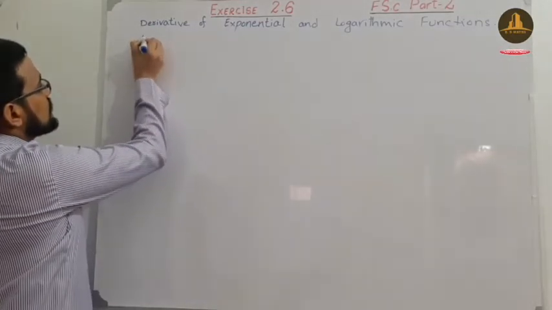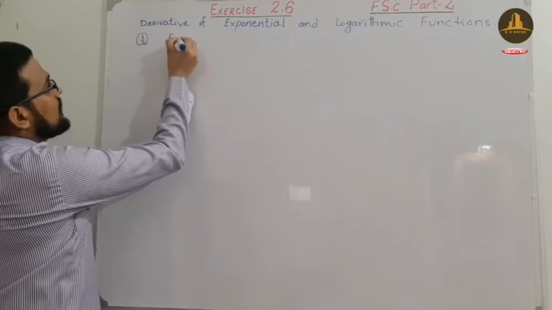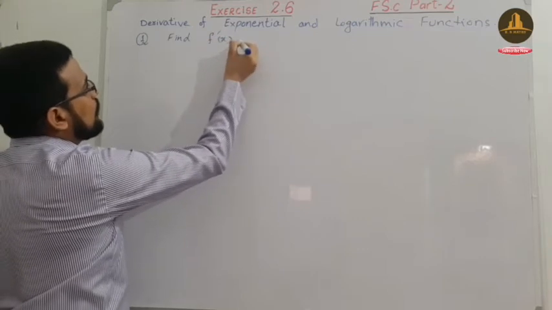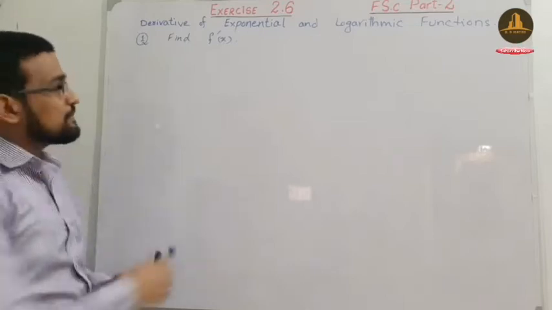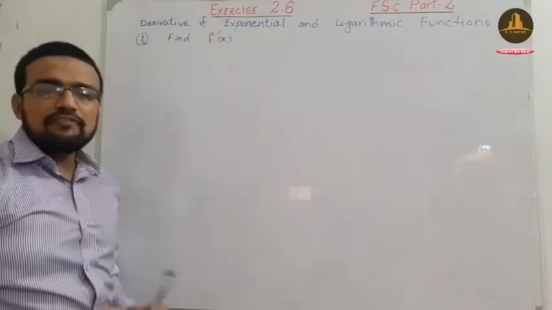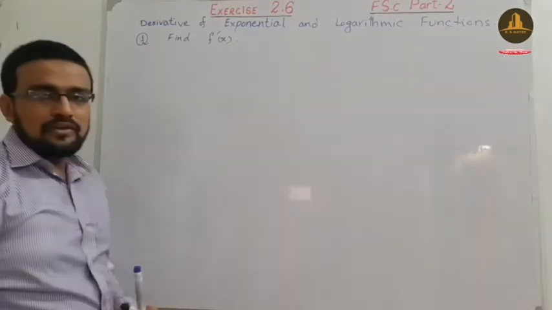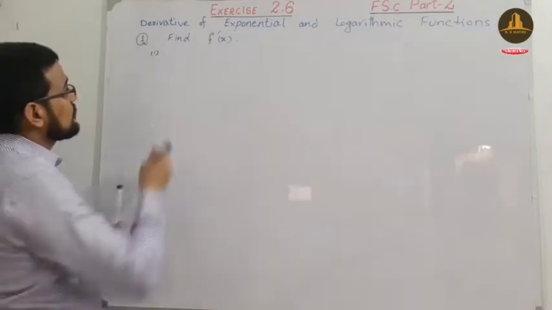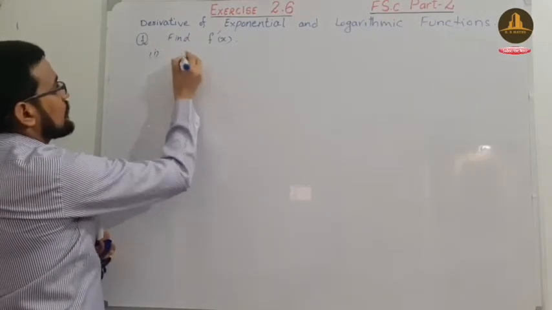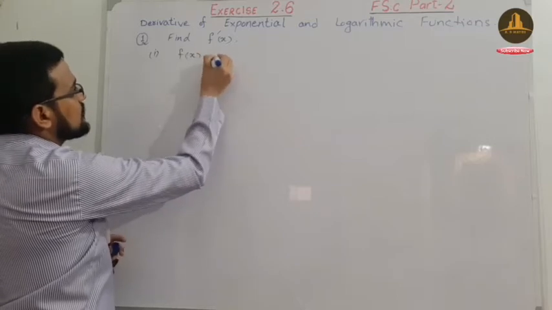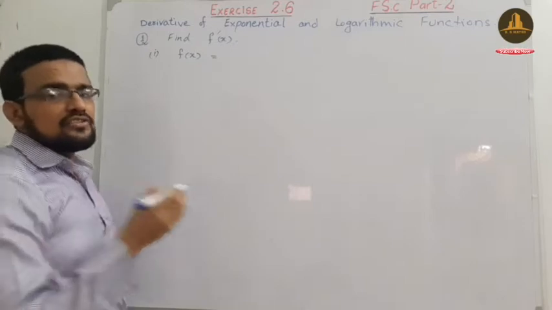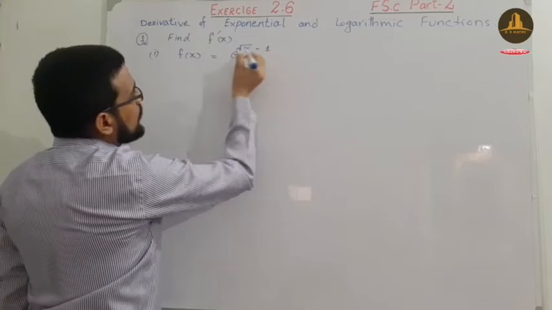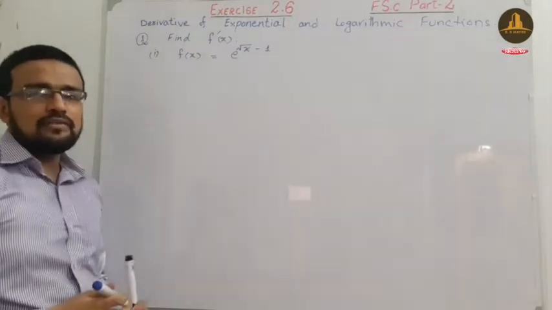Question number 1 is: find f prime of x. What is f prime? F prime is the derivative of f. F is a function, so find the derivative of the function. The first part is f of x is equal to e raised to power square root x minus 1.